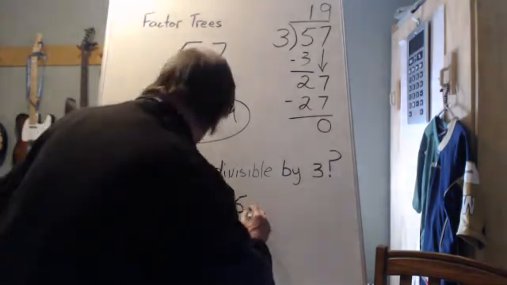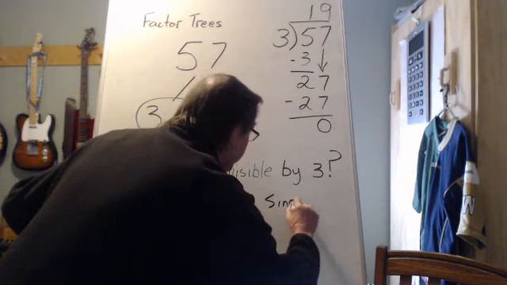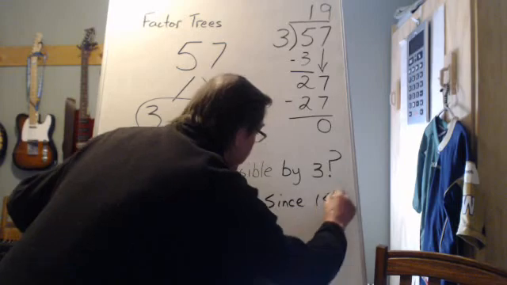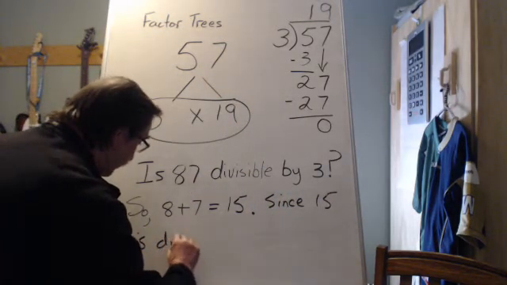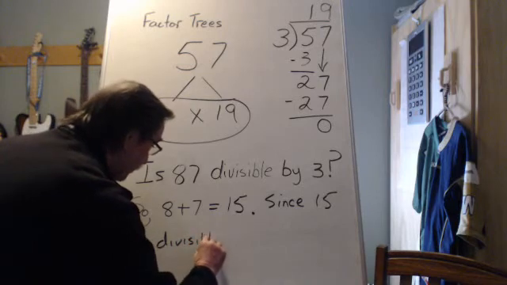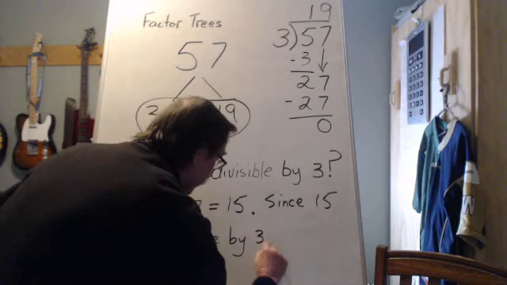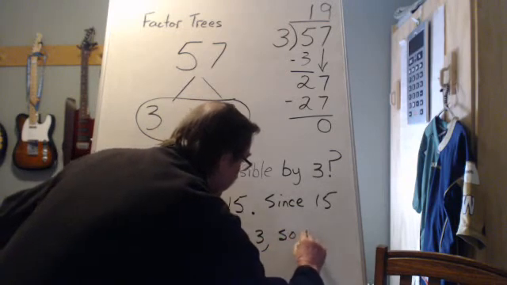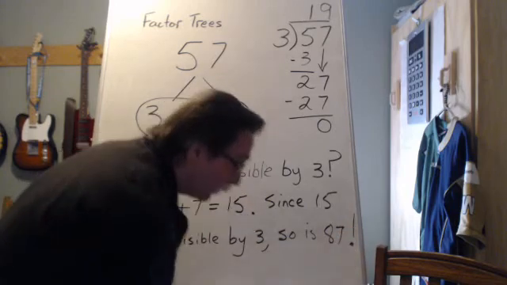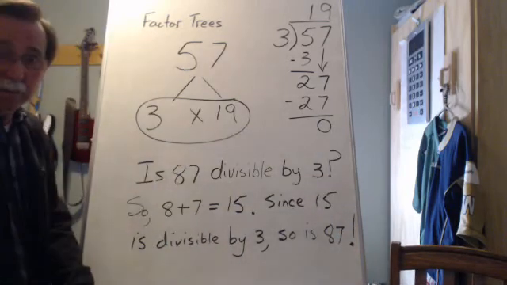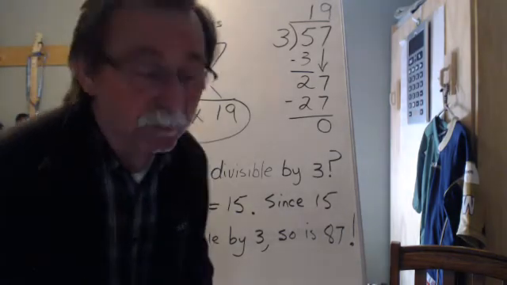So, since 15 is divisible by 3, so is 87. With a lot of excitement, there we have it. So is 87.